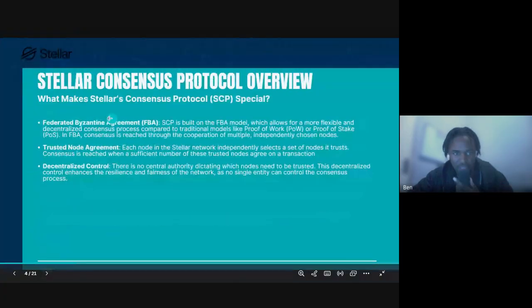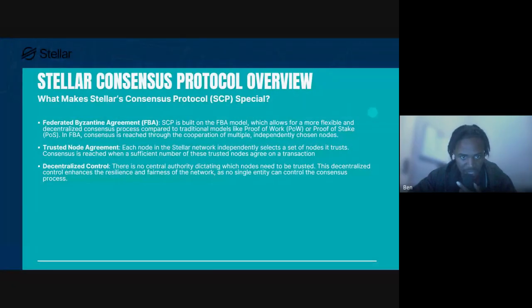So, Stellar consensus protocol overview. Stellar has a very special consensus protocol when we compare it to other blockchains.